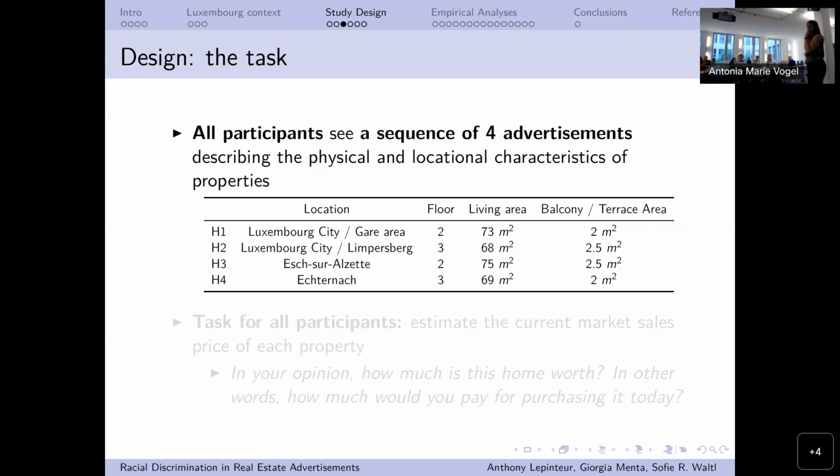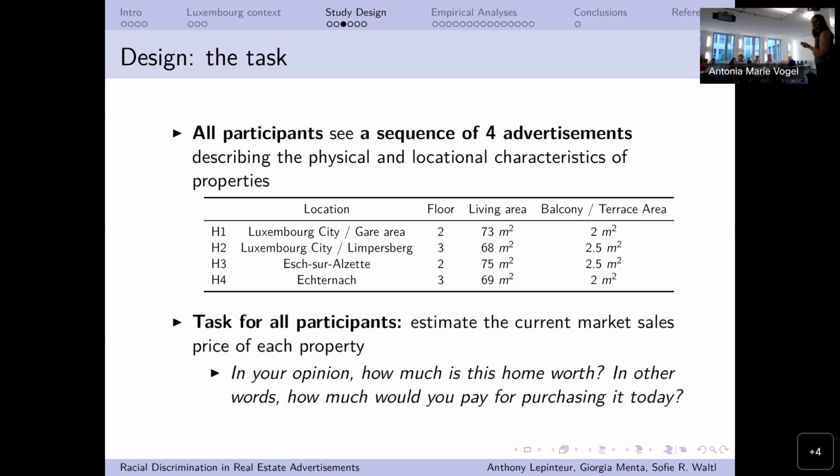One in Esch-sur-Alzette, that's the second largest town, next to the French border, and one in a small town next to the German border. They differ a bit in their physical characteristics, but actually the location is the main difference between them.